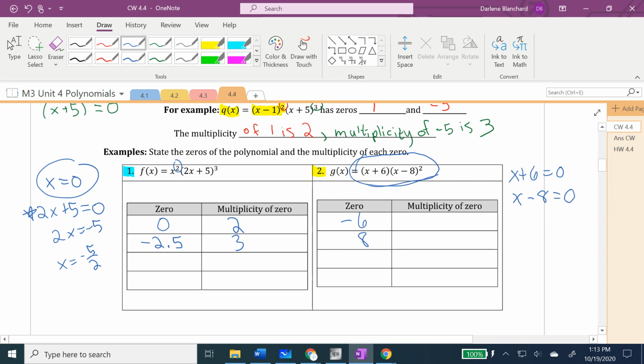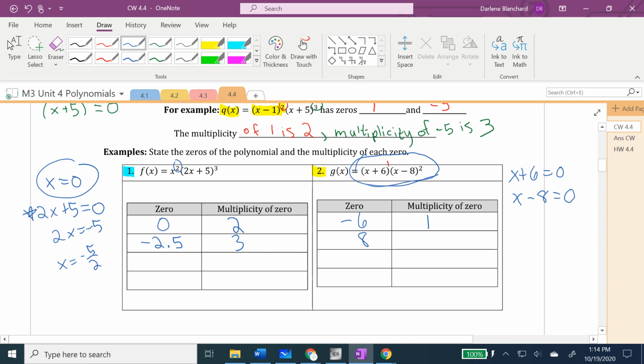Now, I don't see an exponent on x plus 6. What does that mean? Correct. There's an understood exponent 1. So if you have a lone linear factor, we call the multiplicity of that 0, 1, multiplicity 1.